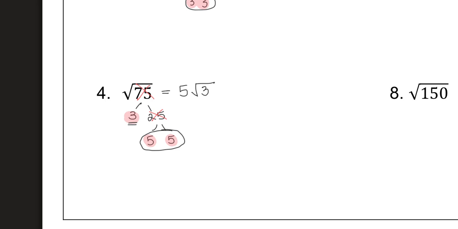We are only using the numbers at the end. So we get one 5 outside the square root from that pair. This 3 does not have a pair, so it has to stay inside the square root. So the square root of 75 simplifies to 5 square root of 3. Okay, that is how we would leave our answer.